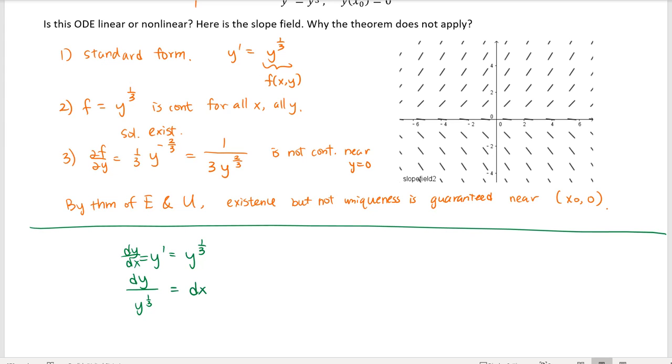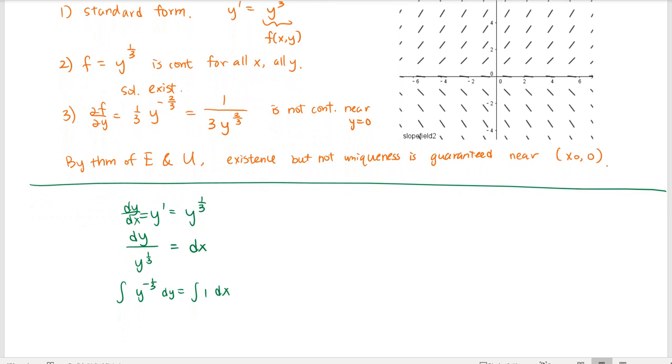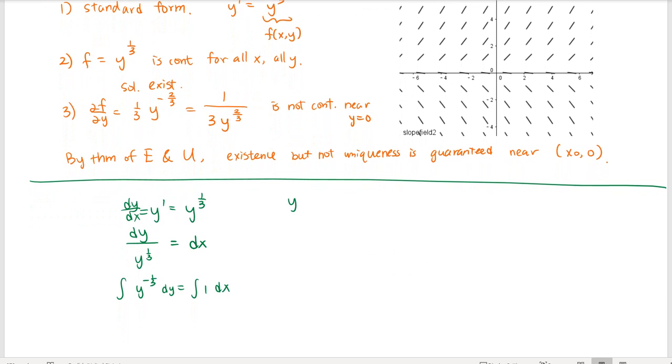So we have the integral of y to the minus 1/3 dy equals the integral of 1 dx. We integrate that. Add 1 to the exponent: y to the 2/3 over 2/3 equals x plus c, right? So y to the 2/3 is 2x over 3 plus c.